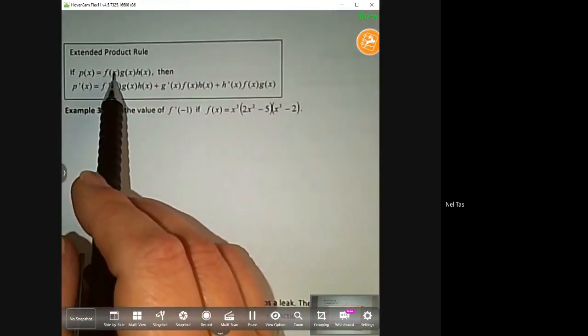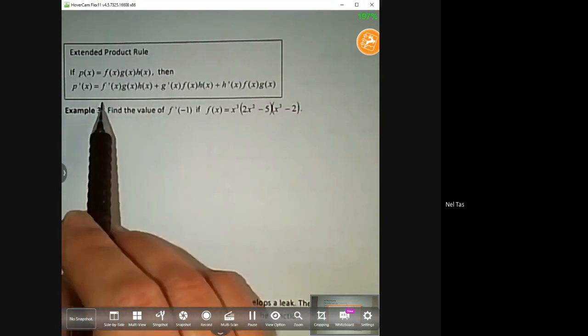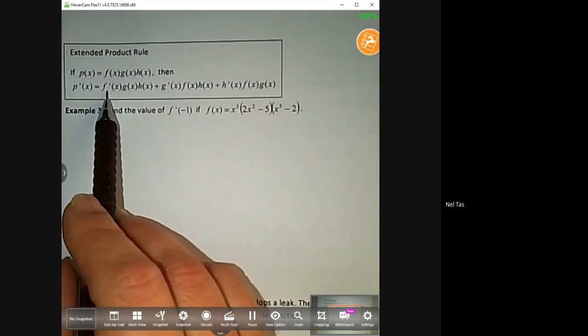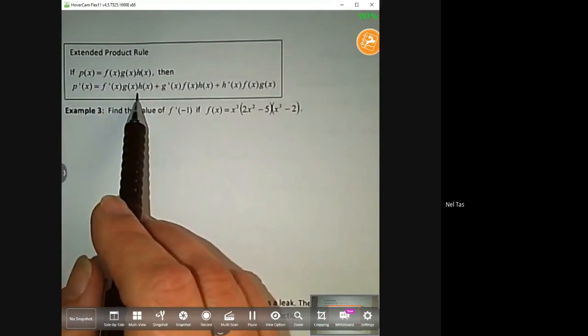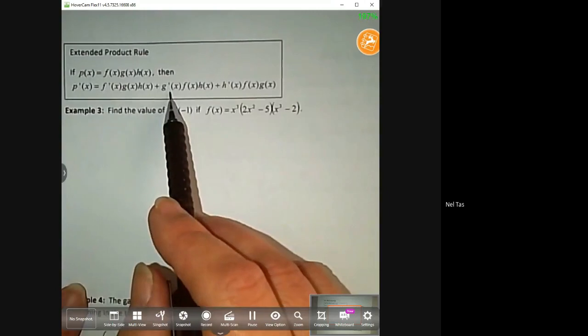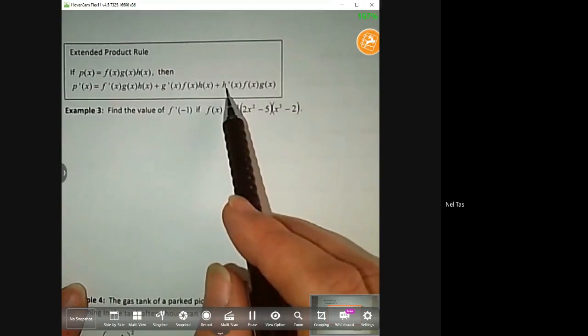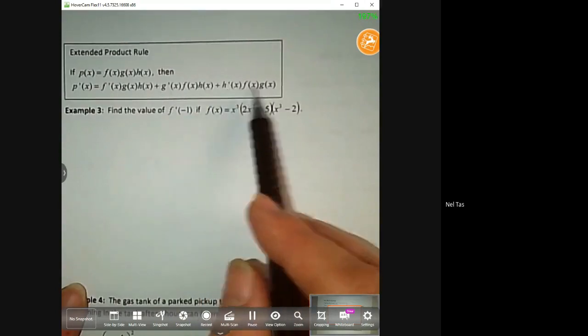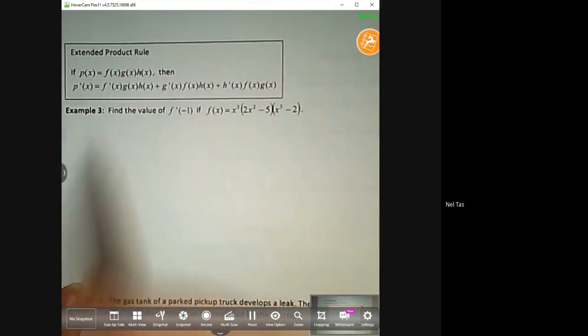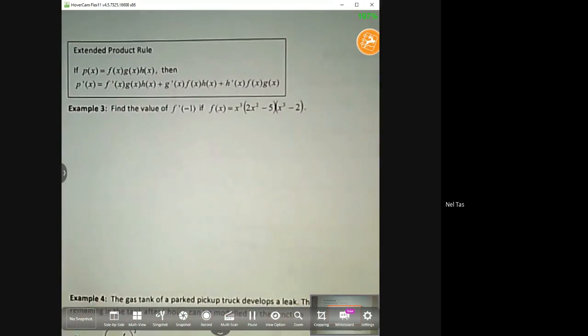So basically you have functions 1, 2, 3. You take the derivative of the first function and multiply it with the other two, plus you take the derivative of the second function and multiply it with the other two, plus you take the derivative of the third function and multiply it with the other two functions. This rule can be expanded and used for any number of functions multiplied, using the same pattern.